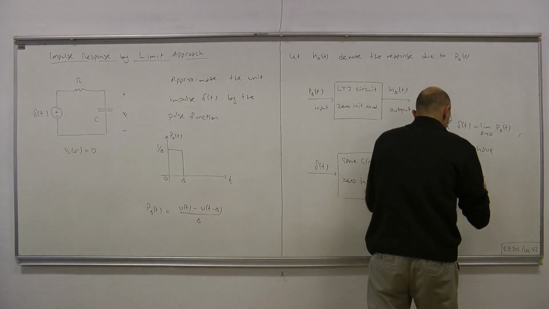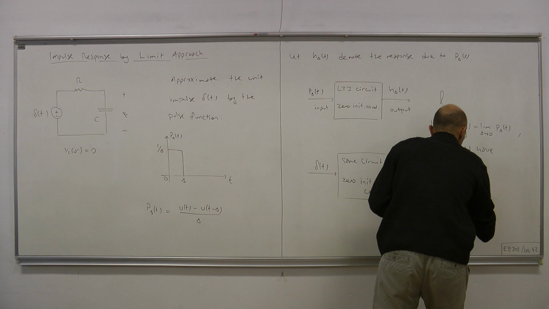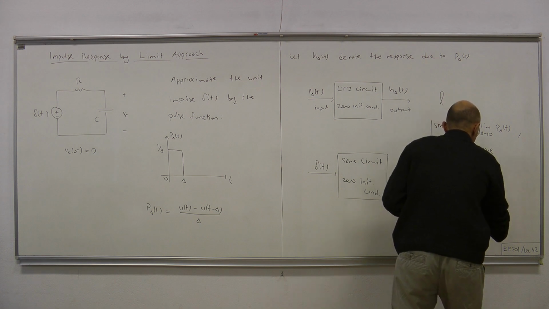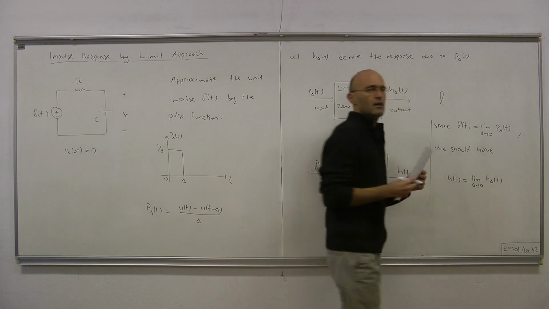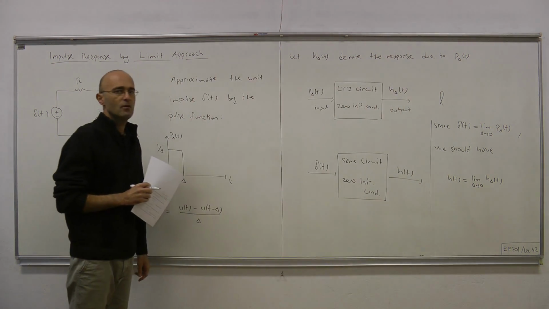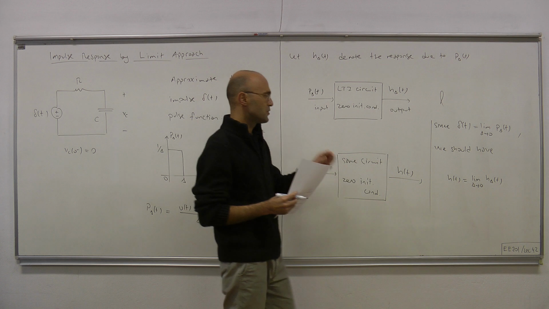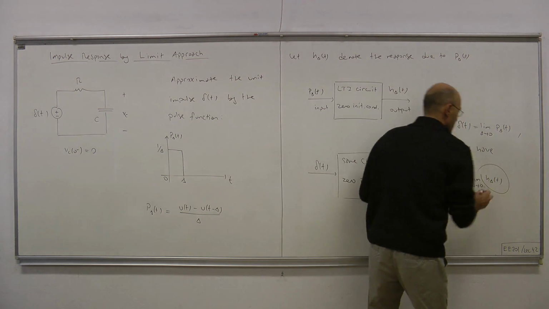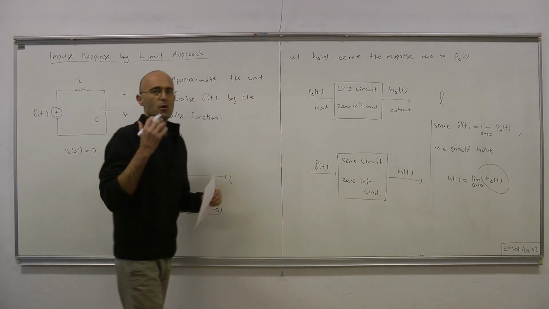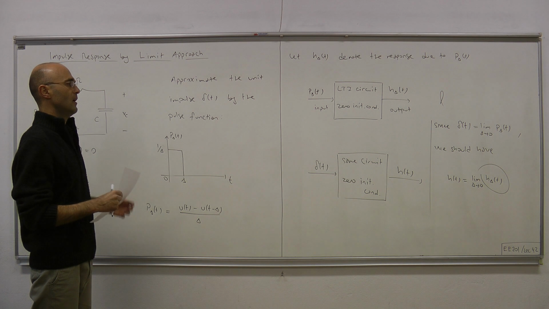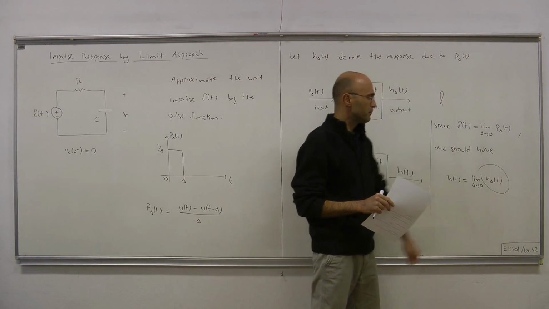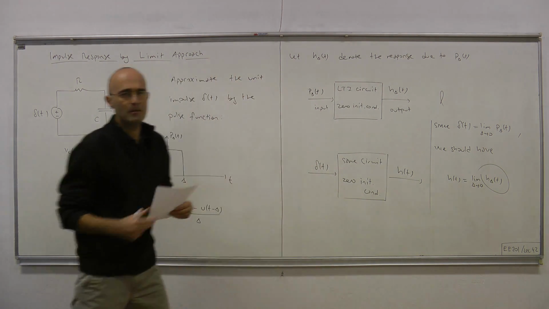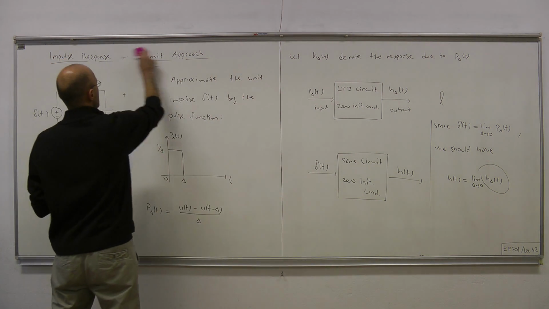That is, h of t should equal, in the limit, h delta of t. So at this point, the question is, what's h delta of t? We obtain that h delta of t, and then we attempt to obtain that limit.